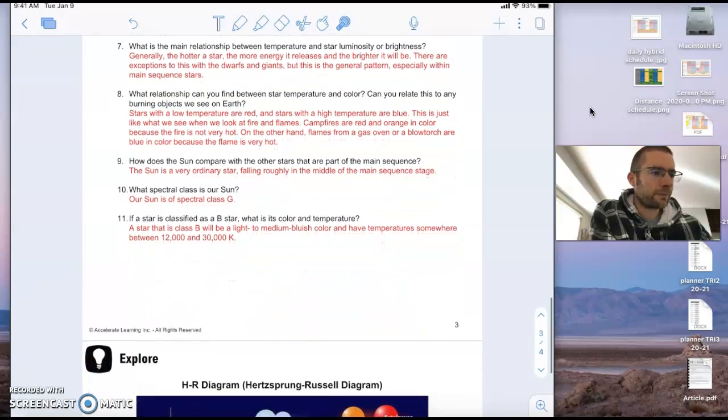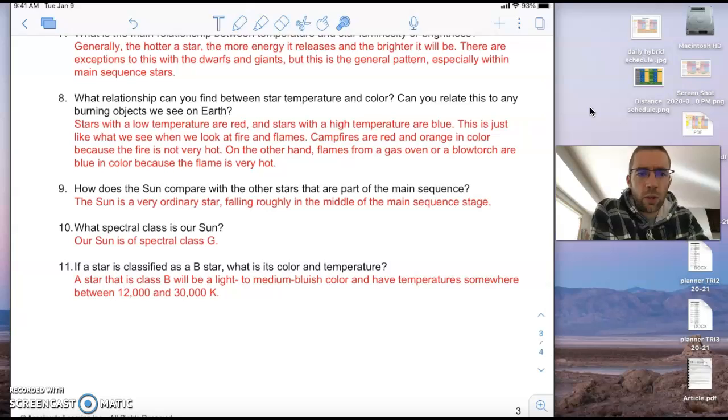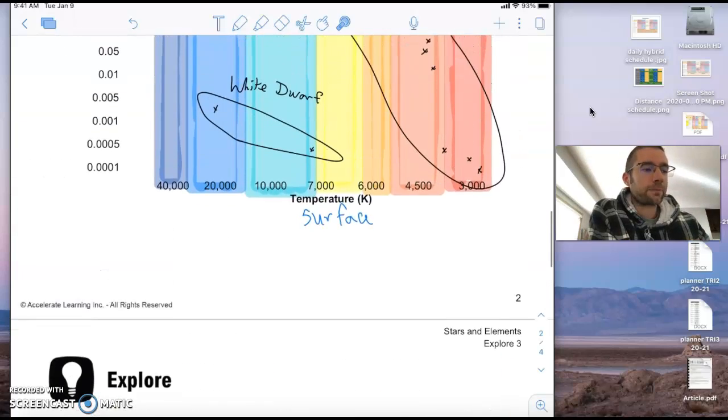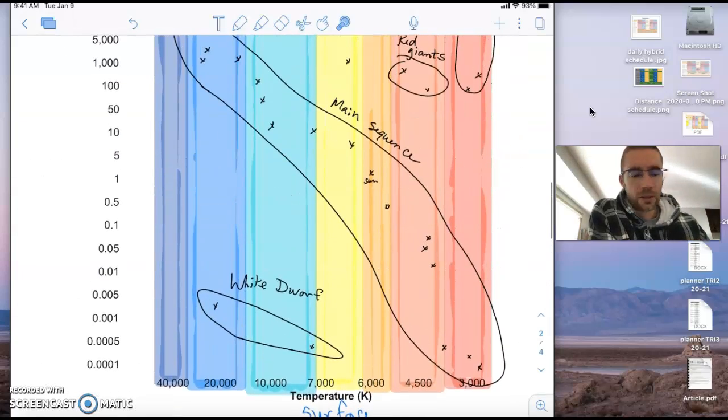All right. Question number 8 says, what relationship can you find between star temperature and color? And then were you able to relate this to objects that we see burning on Earth? Again, taking a look at our colors and our temperatures, the red stars have a colder surface temperature, compared to yellow stars, which have a warmer temperature, compared to dark blue stars, which have an extremely high surface temperature.